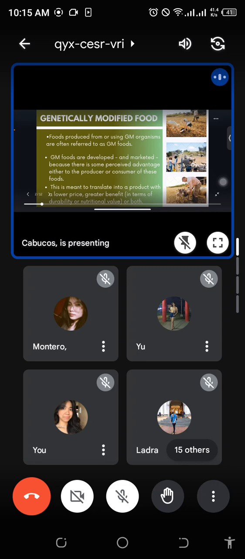What could be their advantages? The scientists want to motivate the farmers to use GM foods, or GM crops actually. Why? Because GM crops have been modified. For example, we have the rice field, or rice. When we sow rice, it is very tactile.